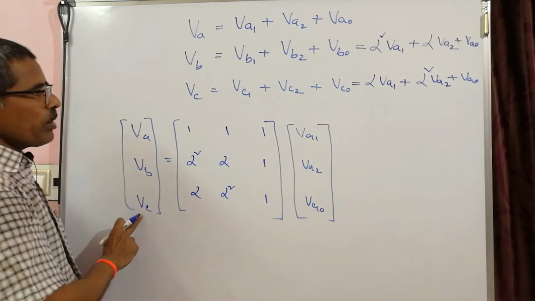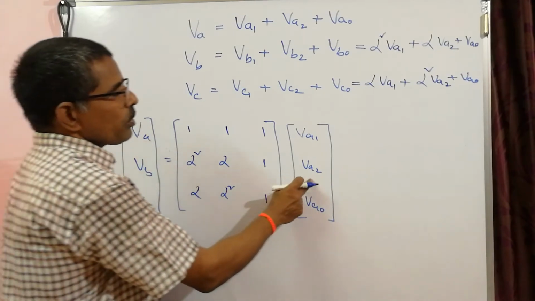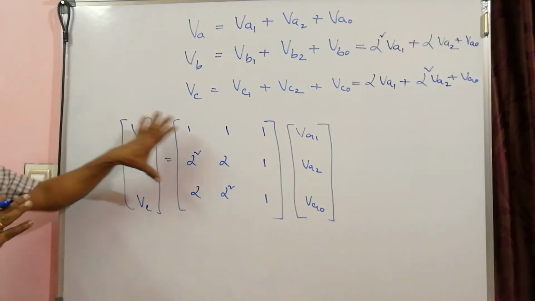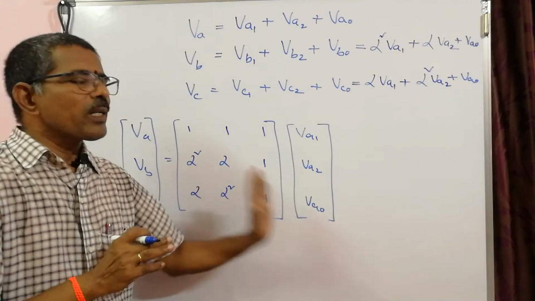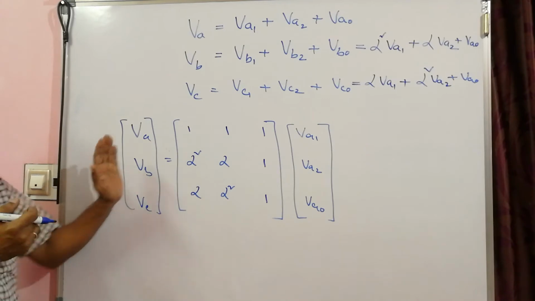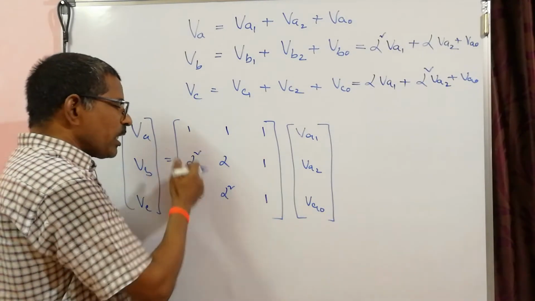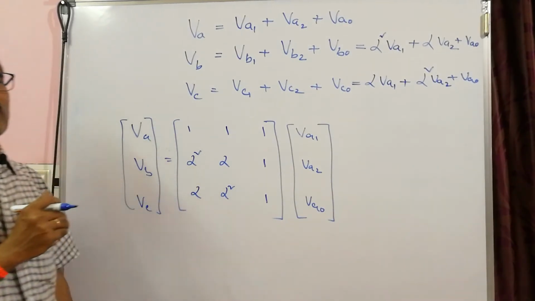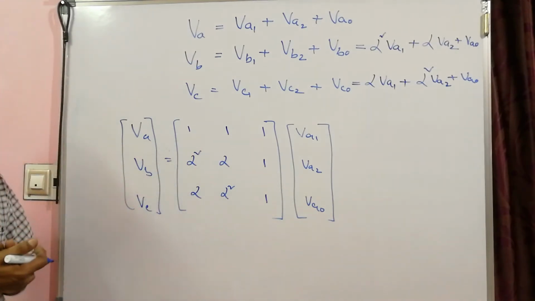So that you are getting VC as alpha times VA1 plus alpha square VA2 plus VA0. So this is the relation between unbalanced phasors to symmetrical components, unbalanced values to symmetrical components. This interrelated matrix is called the transformation matrix between symmetrical components and unbalanced system.